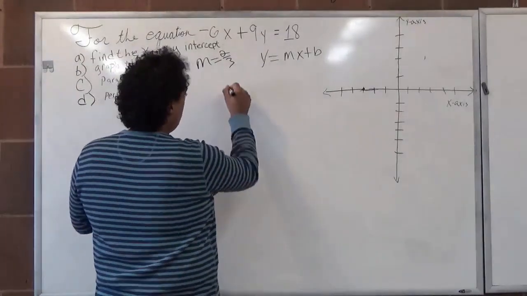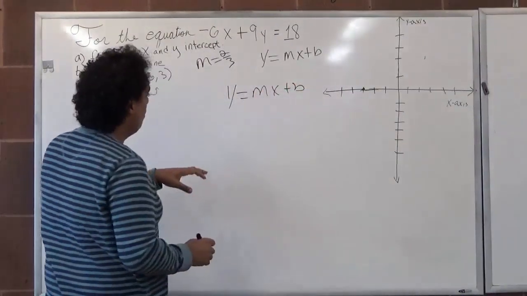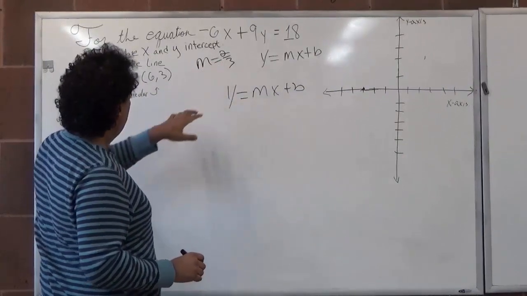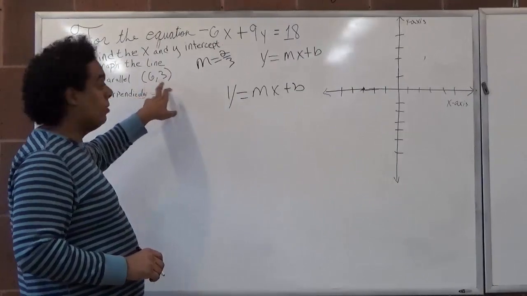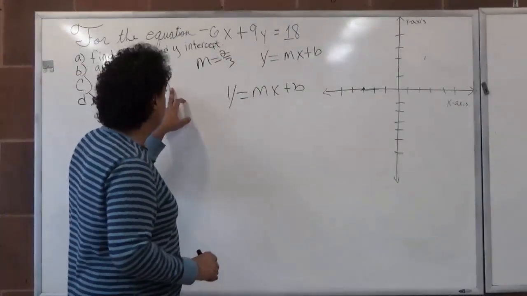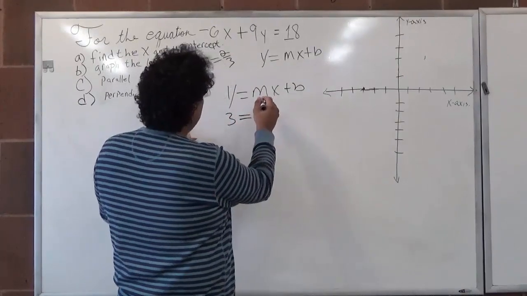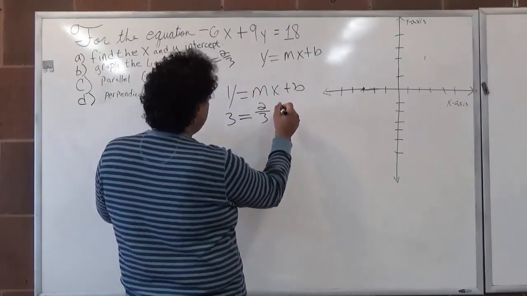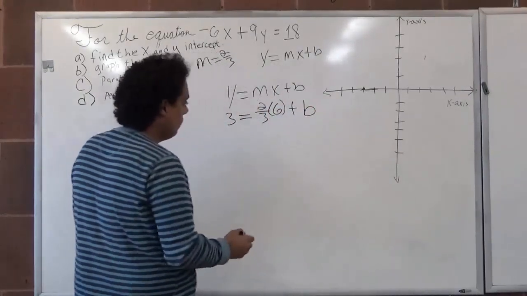So y equals mx plus b is our slope-intercept form, and we have m, which is 2 over 3. We have a point with an x value and a y value, so let's plug in. For y we have 3, it's equal to m, 2 over 3, times x, which is 6, plus b.